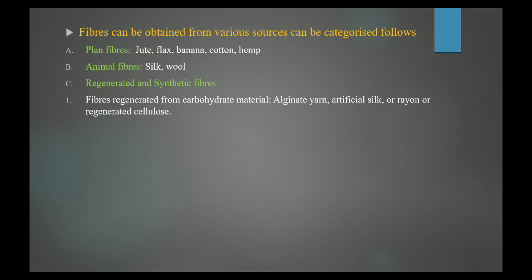First is fiber regenerated from carbohydrate material like alginate yarn, artificial silk or rayon, or regenerated cellulose.